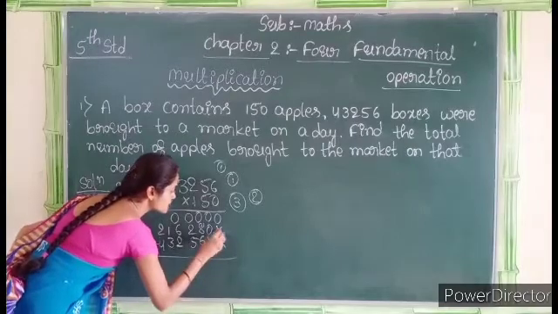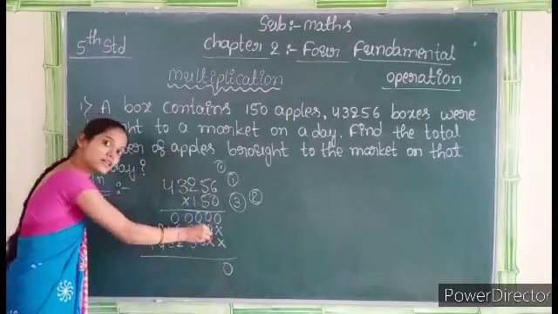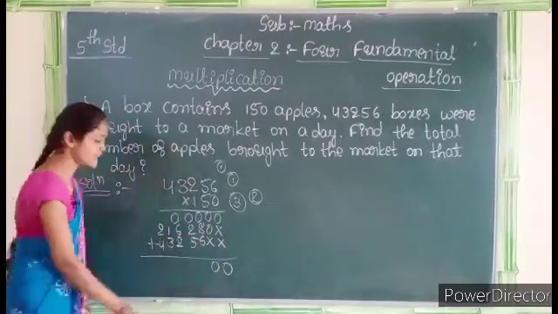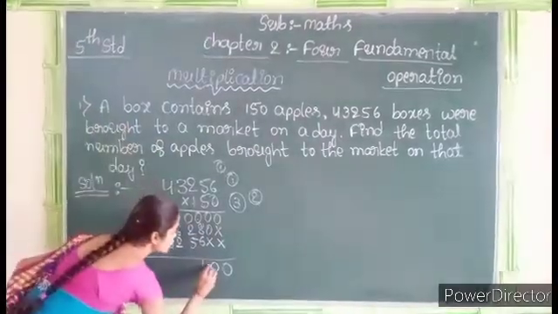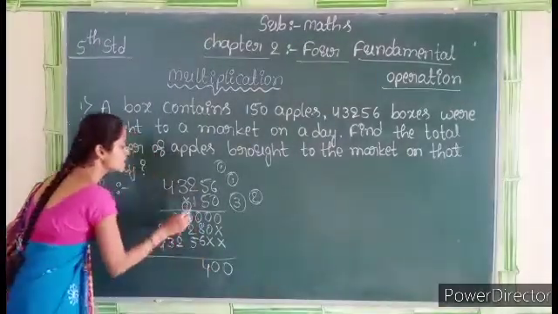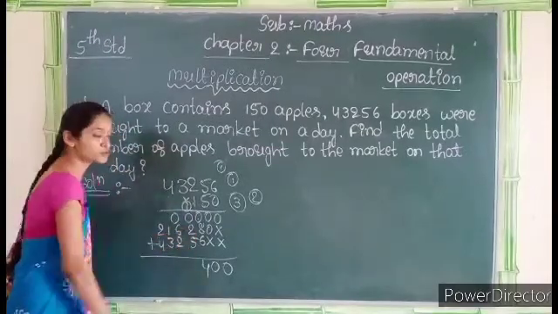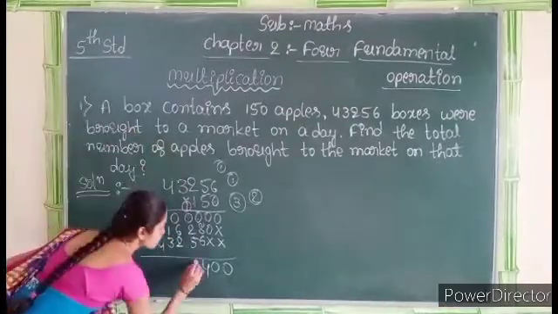Okay, 0 plus 0, 0. 0 plus 0, 0. Then 0 plus 0, 0. 0 plus 0, 0. 0 plus 8, 8. 8 plus 6, how much? 14. I will write 4, then 1 carry over, 1 plus 0, that is 1. 1 plus 2, 3. 3 plus 5, 8.